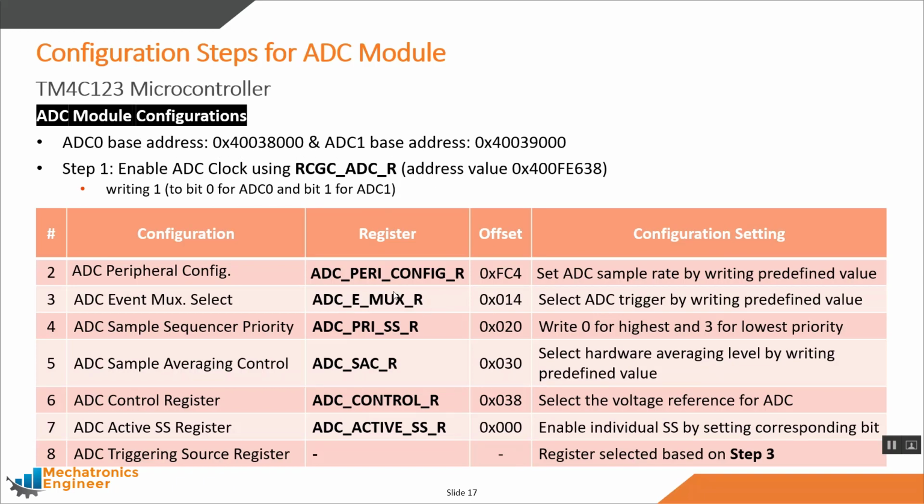For example, if we use ADC 0, then the address for the ADC peripheral configuration register will be hex 40038FC4. Similarly, we can calculate the register addresses for all the other configuration registers. So now let's move on to discuss the configuration steps for a sample sequencer.